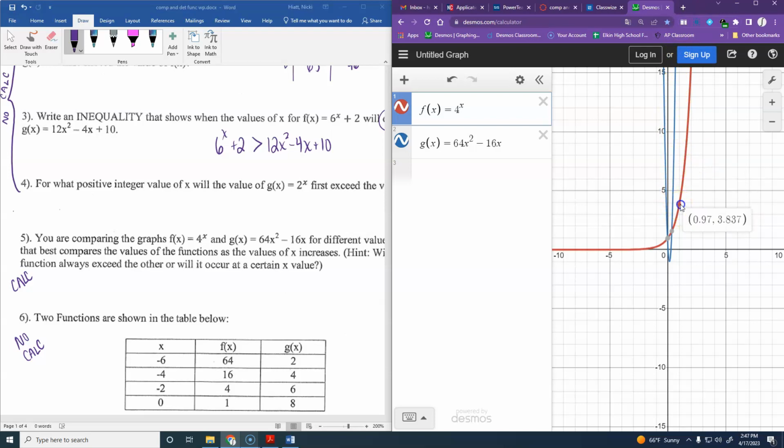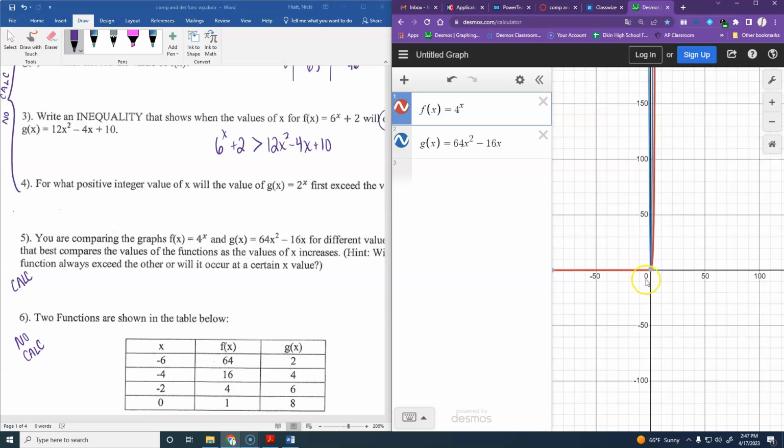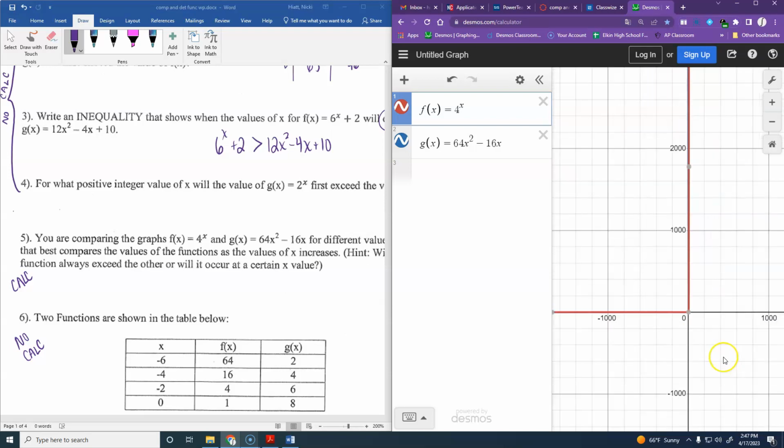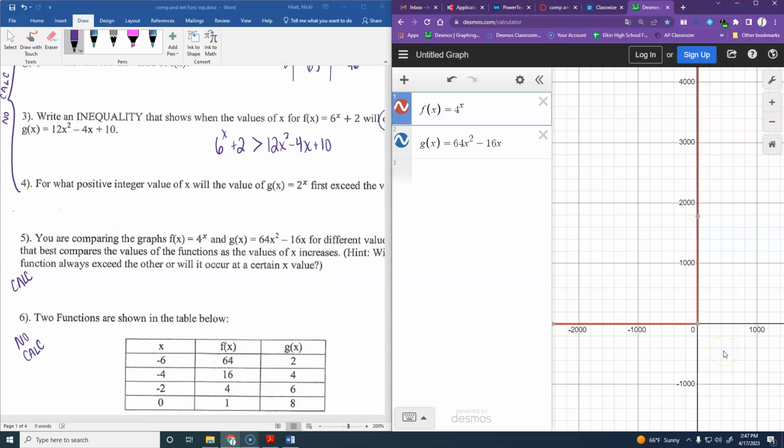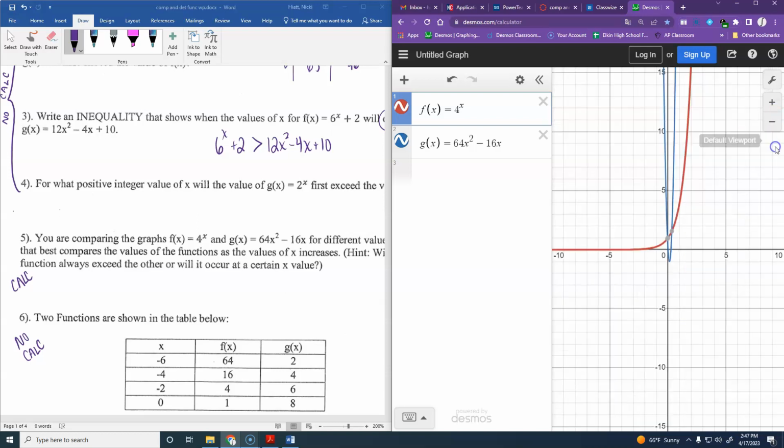So maybe here at 1, then my blue graph is actually higher than my red graph. So let me stress to you, it is so important, you cannot just zoom out on these. See what happens if you zoom out? It looks like an L. The red and the blue went together. I can't tell what's happening there. So on these problems, you cannot just zoom out.